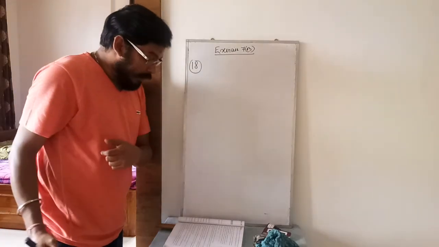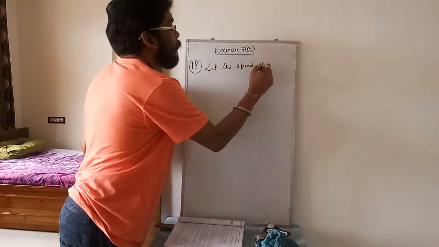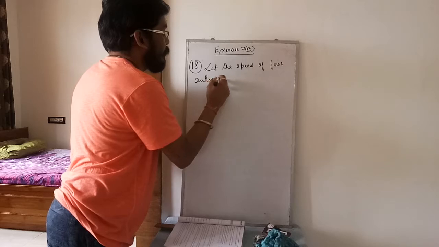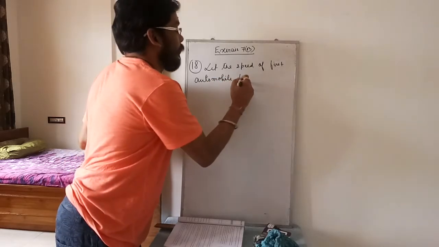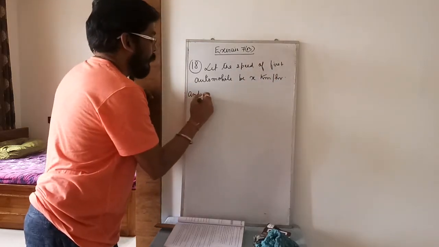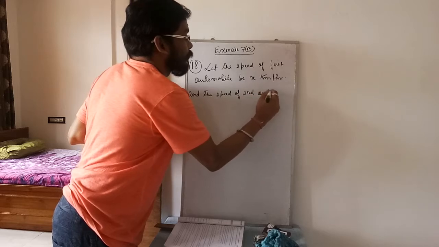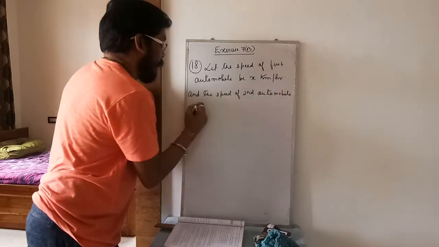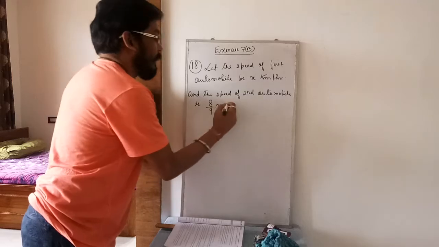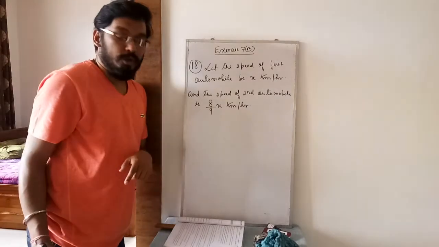Let the speed of the first automobile be x kilometer per hour, and the speed of the second automobile is 8 by 9 of the speed of the other, so 8x by 9 kilometer per hour. These are the speeds of the two automobiles.